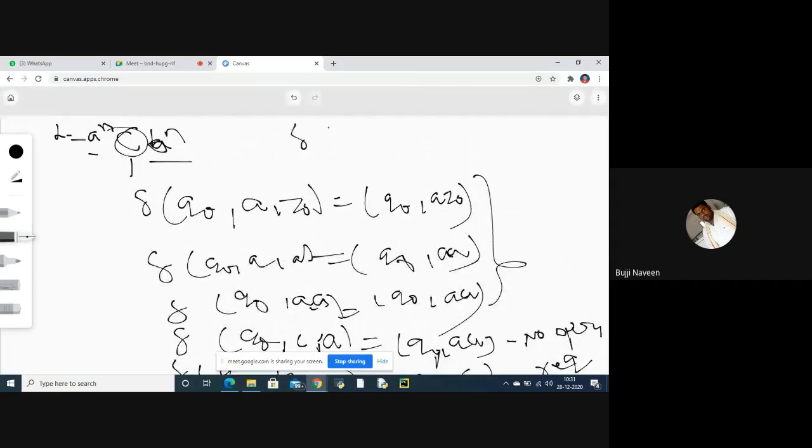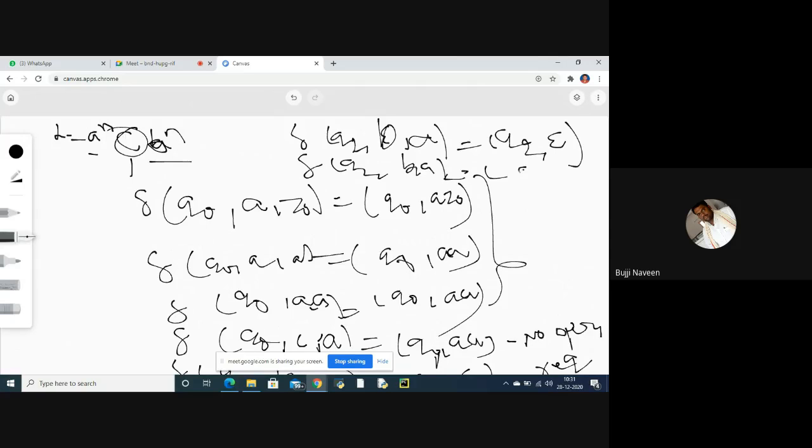Again we have delta of q2, epsilon is equal to... sorry, q2, b, a is equal to q2, epsilon. So on the final, q2, b, a is equal to q2, accept.